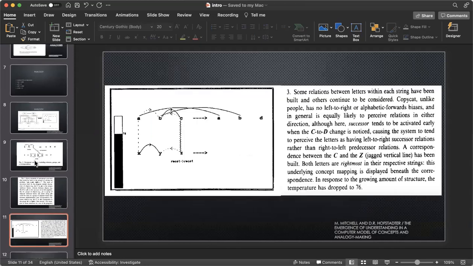So there are many ways to naturally do this analogy. So ABC to ABD, XYZ, there might be another way to do that. One way is to say, well, C is the successor of B, Z is a successor of Y. What is the next one? It could be A, for example. Or you might do this in a right to left fashion and do the analogy that way.